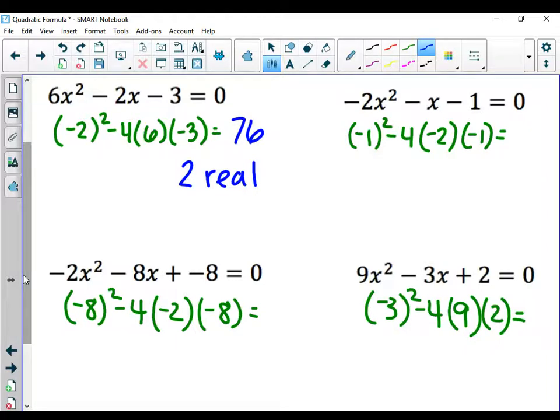Okay, second one. Anybody? All right. The answer is -7. Two, two imaginary.